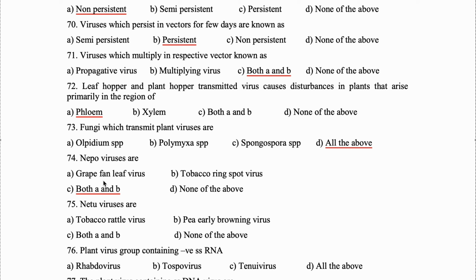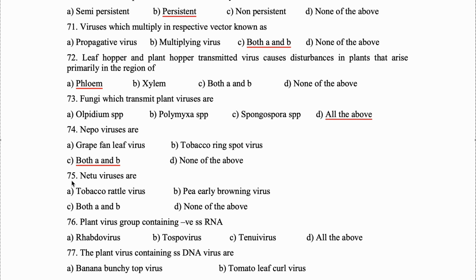The first transmission that we get to see with nematodes is grapevine fanleaf virus transmitted by Xiphinema species. 75. The tobraviruses are tobacco rattle virus and pea early browning virus. Both are correct.